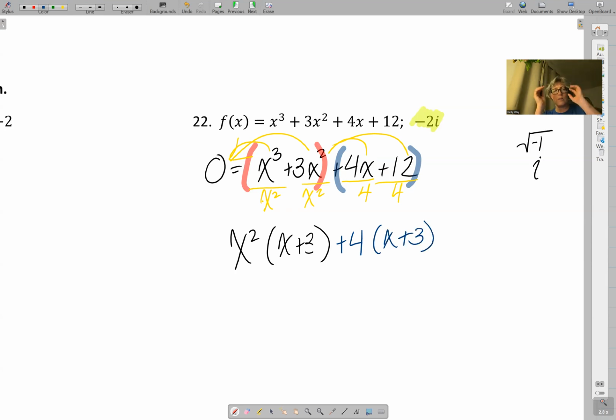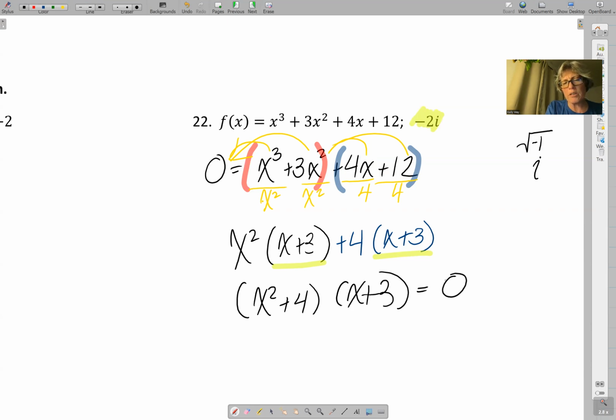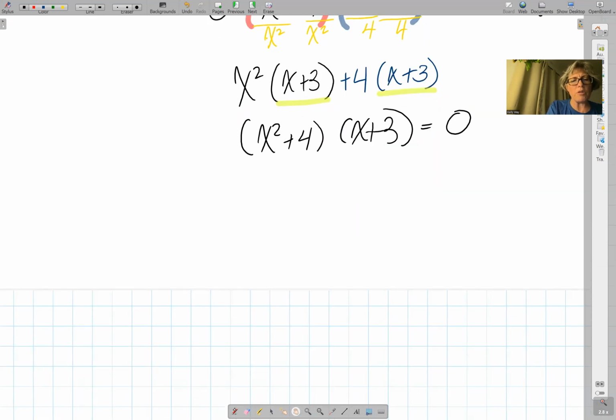It matches. So this is a match. So we're going to have x squared plus 4 and x plus 3, and that is going to be our zeros. So now we simply solve that.